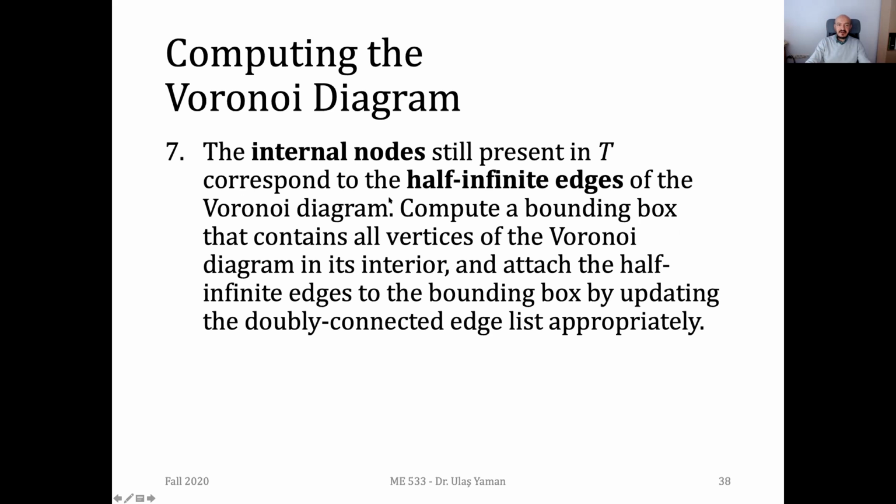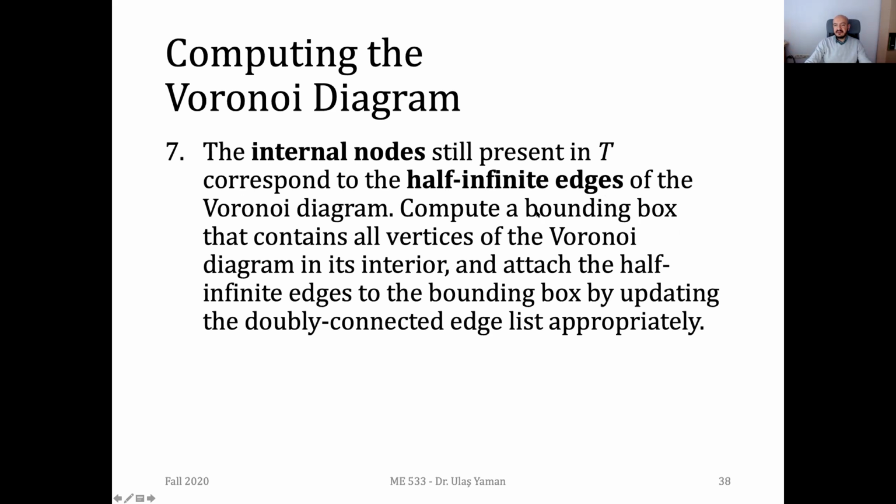And in the seventh step, since we need to have a kind of bounding box, at the end of this sweeping algorithm, we will have some arcs in the beach line. And these will be representing some half-infinite edges.